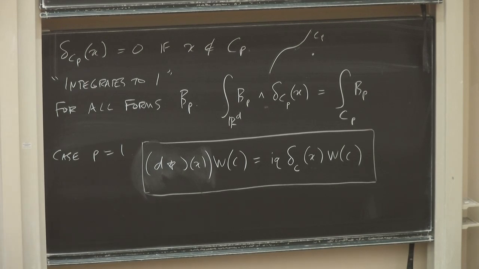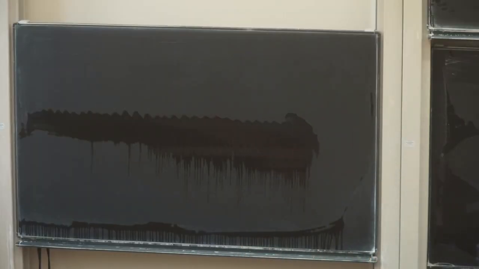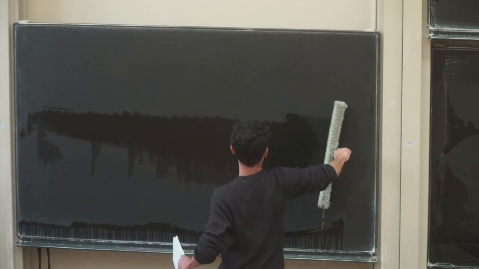While I erase the boards, everyone should compute that form valued delta function for, I don't know, a great circle in R^3, say. Good exercise. Good exercise in polar coordinates. Right. Any questions while we wait for this to dry? Nope. Okay, we'll just wait.